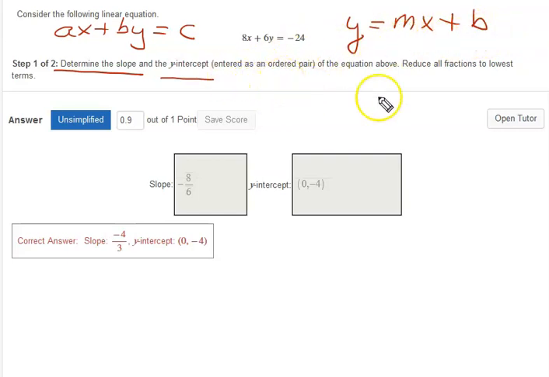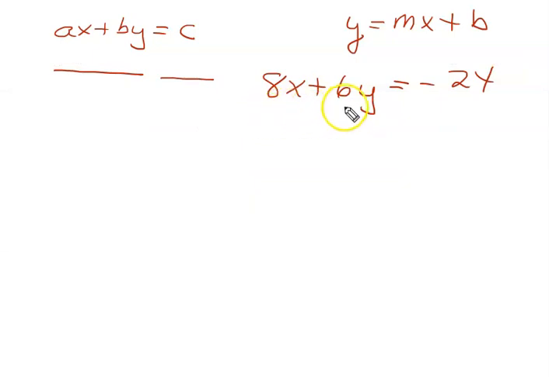So we have here, let's go to our whiteboard after we write it down, 8x plus 6y equals -24. So we're going to transpose the x term, so we have 6y equals -8x and a -24 on this side.